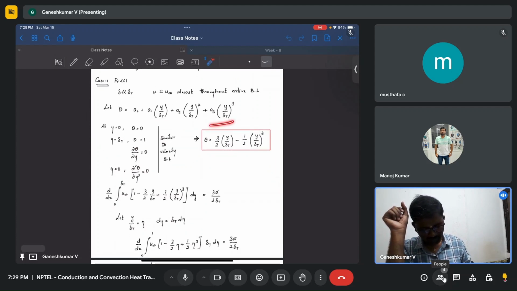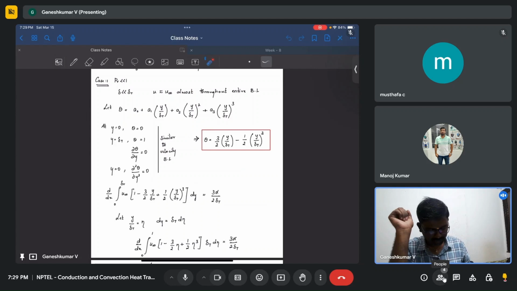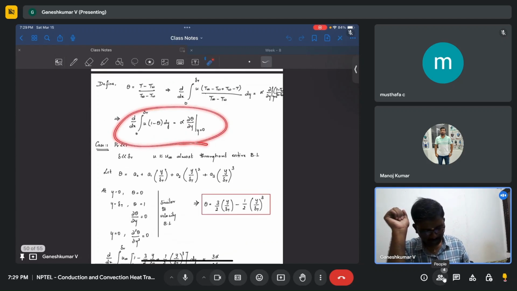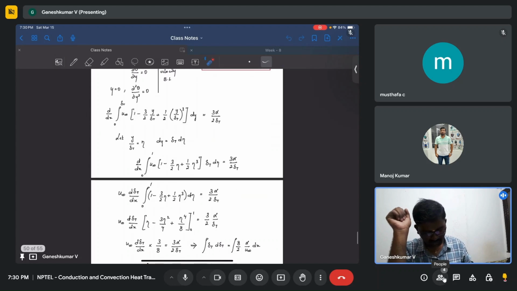Now you assume this is a rough profile of your temperature inside the boundary layer, and you substitute in this equation. This part is nothing but your dimensionless temperature gradient, which is something you want.